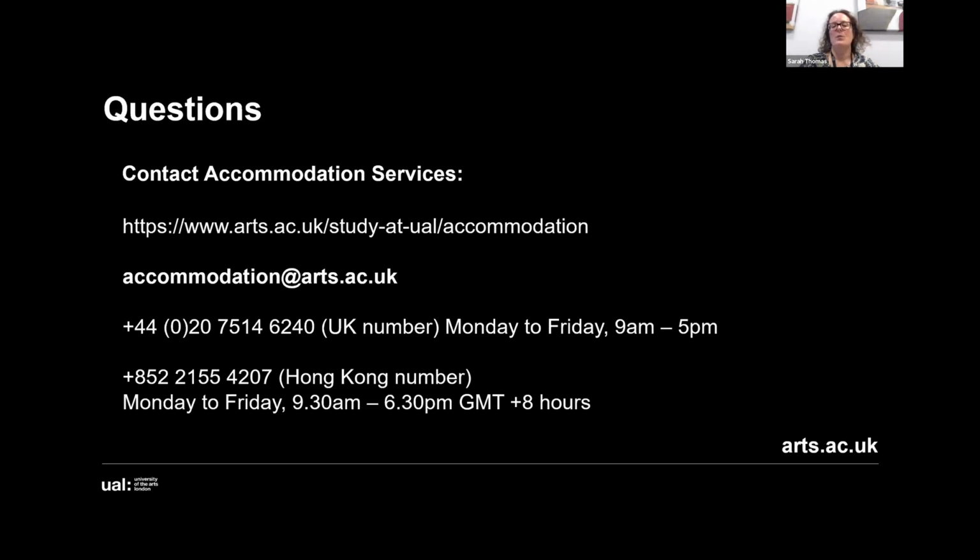The mailboxes are one per flat, unless you're in one of the studios at Highline, in which case you have your own post box. They are quite small, so it will only be letters or small parcels that we'll put in there. The rest of the items we keep at reception, and we have a post log that once you've arrived, you can scan a QR code and look up to see if you've got parcels to collect, or you can just come to reception and ask us. Yeah, that's how we manage that.